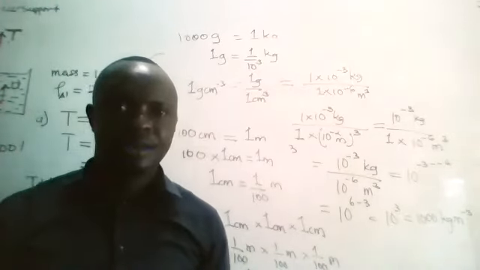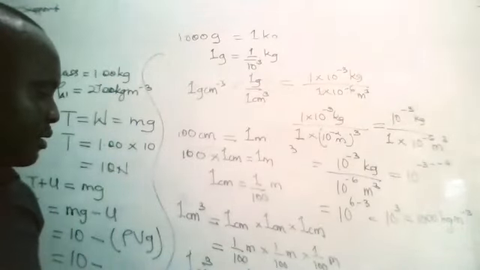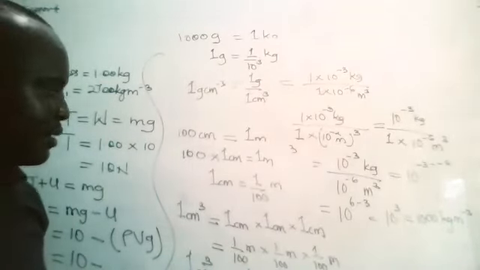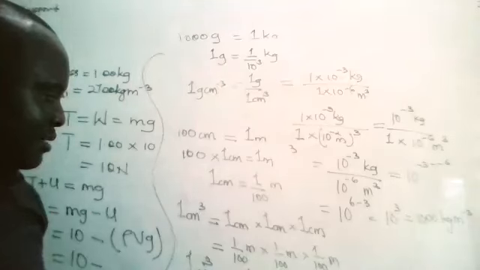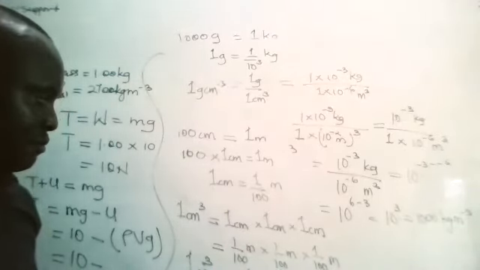Sir, you said 1 centimeter cube is equal to 1 centimeter times 1 centimeter times 1 centimeter. So the 1 out of 100 meter times 1 out of 100 meter times 1 out of 100 meter, is it not equal to 1 out of 100 meter cube?